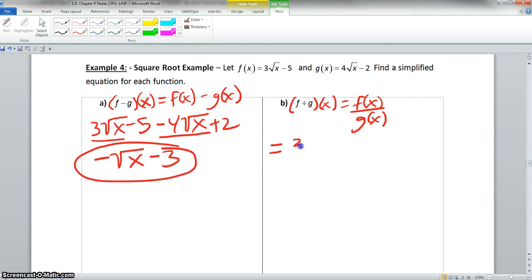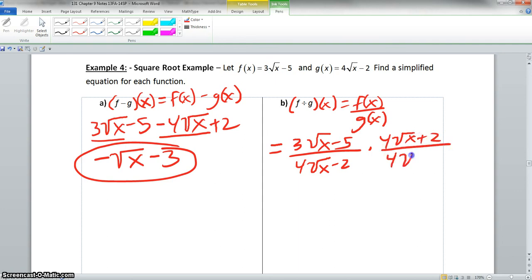So we can write that out. We would have 3 square root x minus 5 all over 4 square root x minus 2. Now the conjugate we know would be 4 square root x plus 2 all over 4 square root x plus 2. So now when we multiply our denominator, this would end up giving us 16x minus 4, because square root of x and square root of x is x, and 4 times 4 is 16.